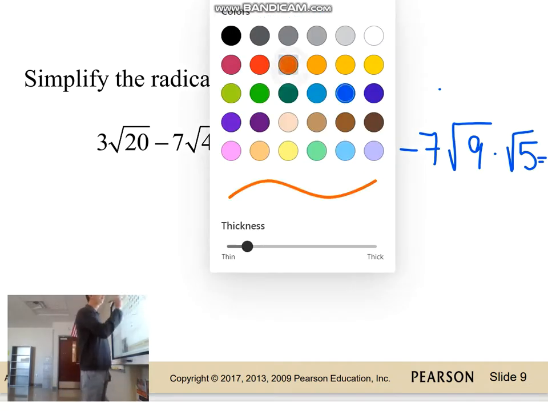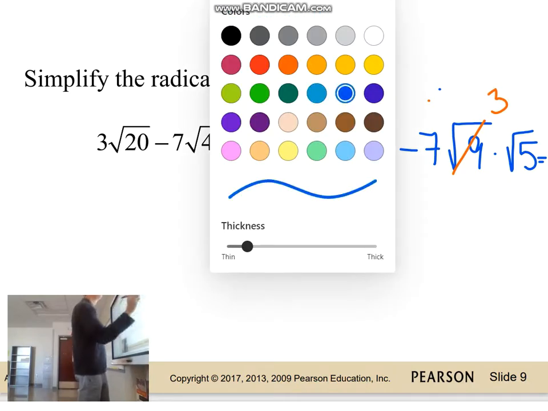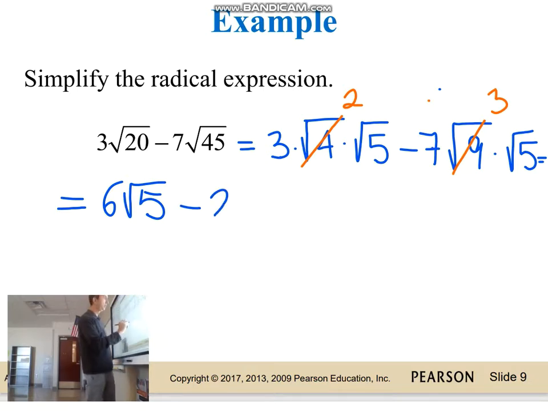We can simplify. The square root of 4 is 2, and the square root of 9 is 3. As a result, we're going to have 3 times 2, 6, square root of 5, minus 7 times 3, 21, square root of 5.